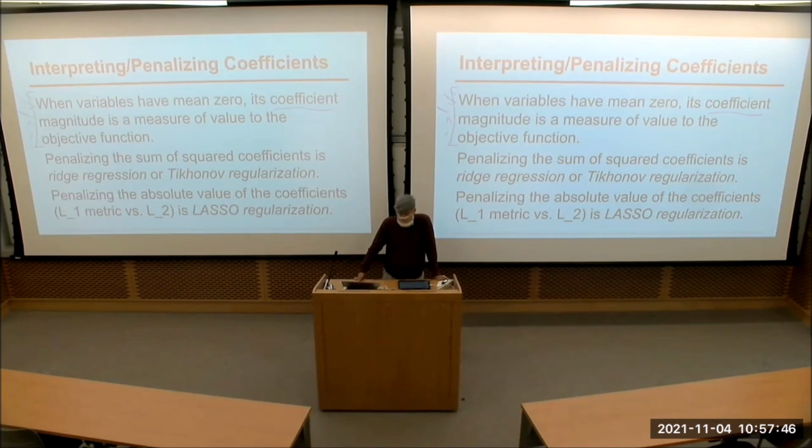A coefficient around 0 means that variable is not very important. And when you fit regression models, it's often the case that you'll see a lot of coefficients really around 0. If the coefficient in the regression model is close to 0, that means that variable is not having much effect on the prediction.